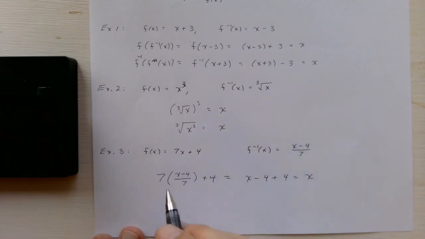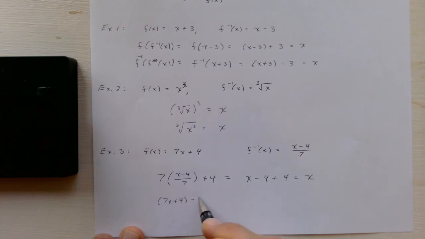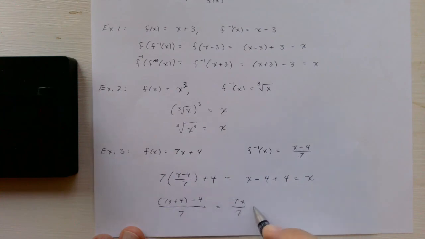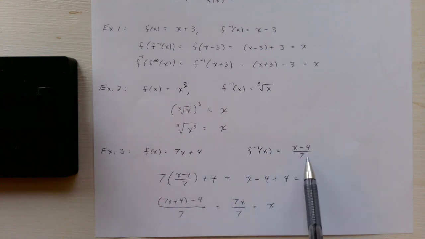We could do it in the other direction. The 4's will cancel, and we get 7x over 7, which is x. So when we compose them in either direction, we get x. So these are inverses of each other, and of course you can see that this is clearly not equal to 1 over 7x plus 4.